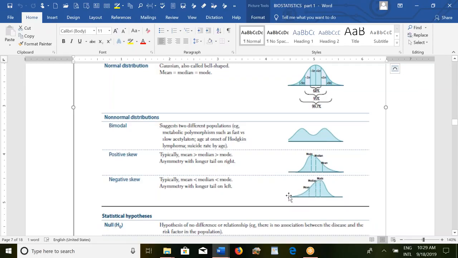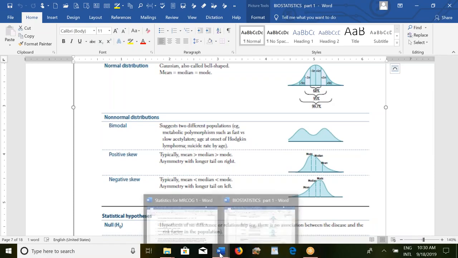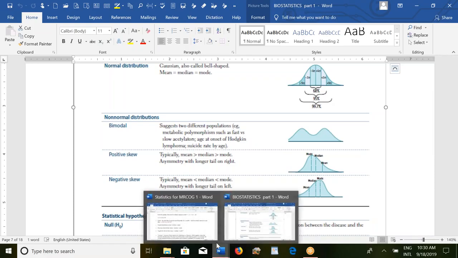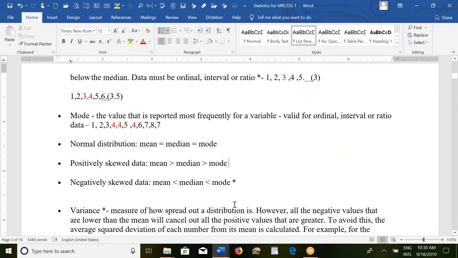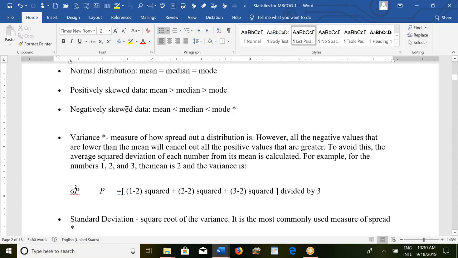When it is extending to the left, you will say that this is negatively skewed data. Going towards the right means positive skew. It's not that disturbing; when you revise, you will know about this. So in the positive, everything is greater than the mean, and in the negative, everything is less than the mean, and the mean will be in the center.